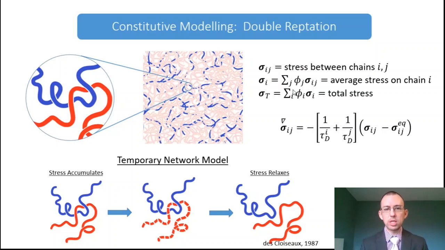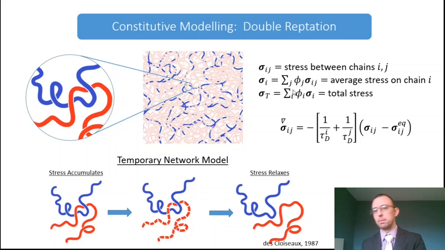What the double reptation approximation does is it says, okay, you've got this really complex topological environment with all of these different kinds of interactions between all of these different kinds of chains, but to get a good guess for the linear rheology, you can coarse-grain all the topological complexity down into just binary pairs of entanglements.